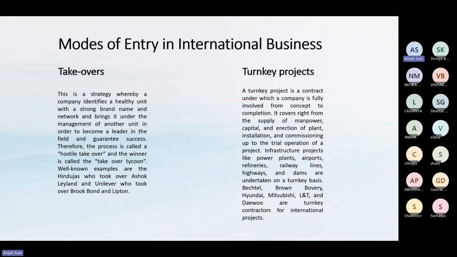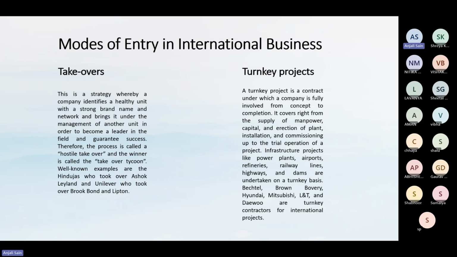It covers from the supply of manpower, capital, and erection of plant and installation and commissioning up to a trial operations of the project. ठीक है, टर्नकी प्रोजेक्ट्स क्या है कि कंपनी ने एक दूसरी कंपनी को हायर किया for some project, and जो कंपनी मैंने हायर की है वो उसके पूरे प्रोसेस में इन्वॉल्व होगी, right from the concept to the completion. ठीक है, जो दूसरी कंपनी responsible है जिसके साथ मैंने कॉन्ट्रैक्ट किया है, it will be responsible for the manpower, capital, whatever the machinery I'm required to install in that project, सबकी रिस्पॉन्सिबिलिटी दूसरी कंपनी की आएगी. These are the turnkey projects.